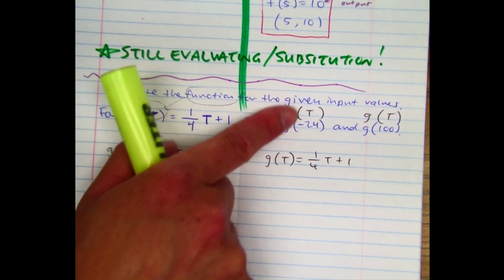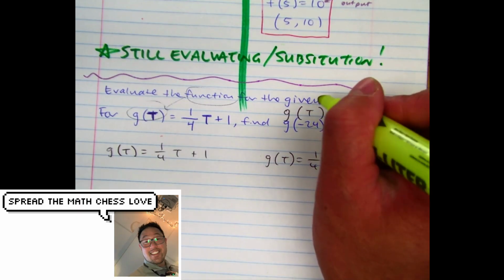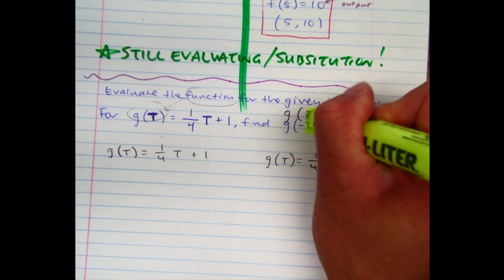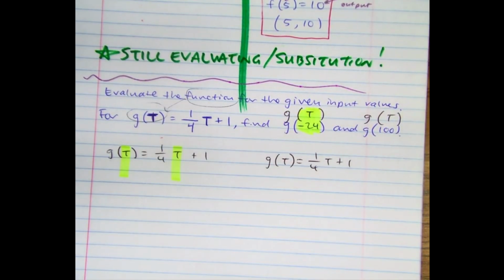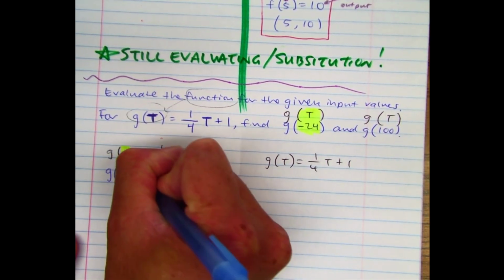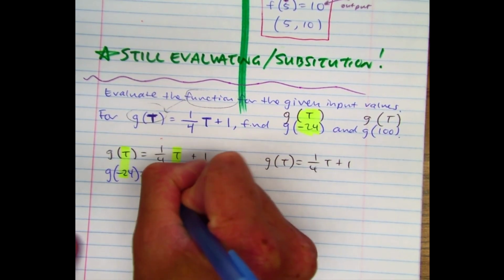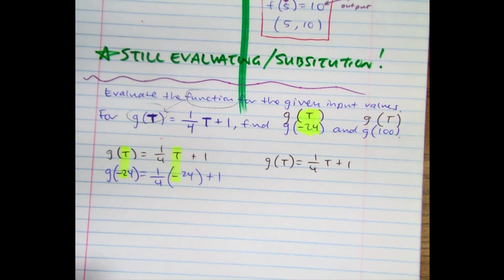In this input, it's telling us replace every t value with -24. Replace every t value with -24. Let's do that. G of -24 equals 1/4 times -24 plus 1.